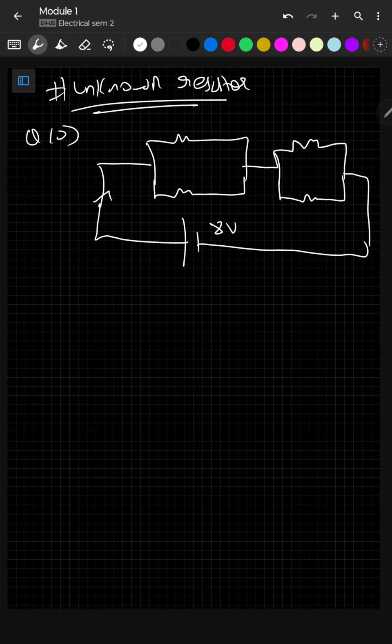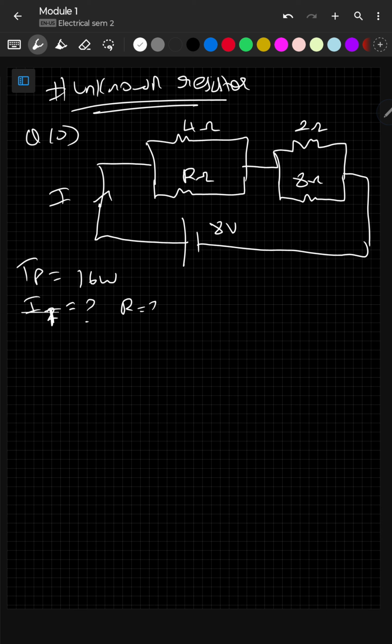Eight volts. I is flowing. 4 ohm. This is the resistor whom we have to find. 2 ohm, 8 ohm. Now the hint is the total power is 16 watt. We have to calculate I total and unknown resistor value also have to calculate.